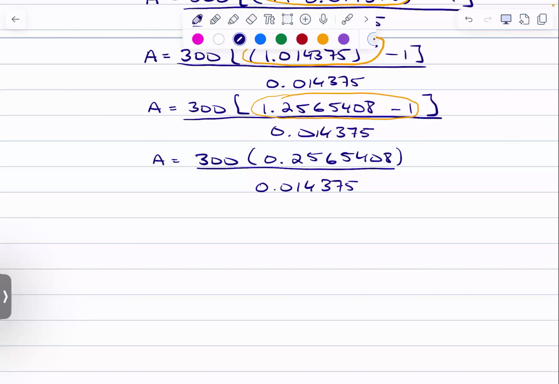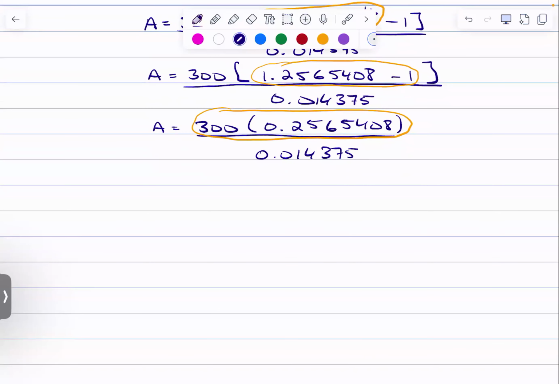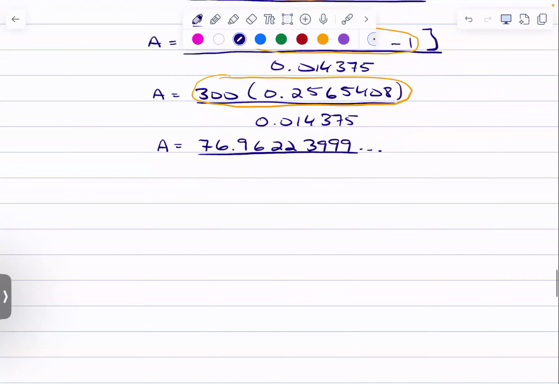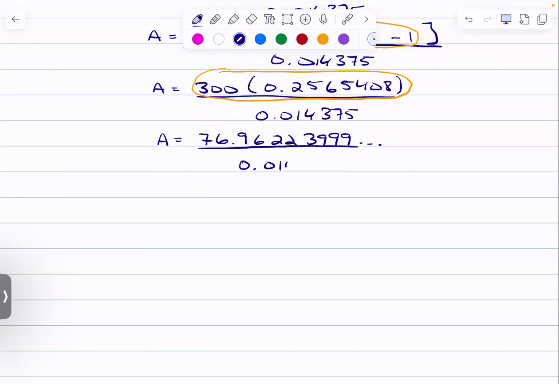We're on the home stretch now. Times that by 300. Make sure you keep all your decimal places. I get 76.96223999... Then divide that by 0.014375.